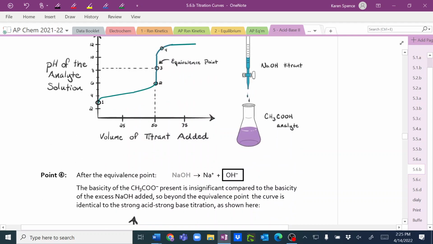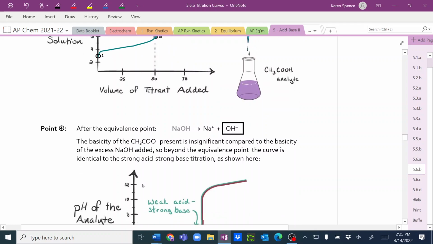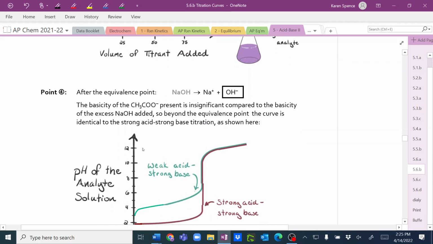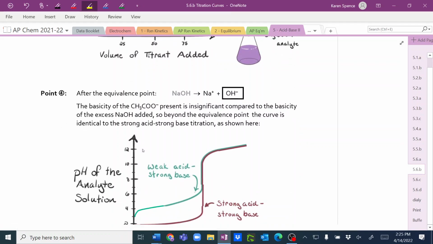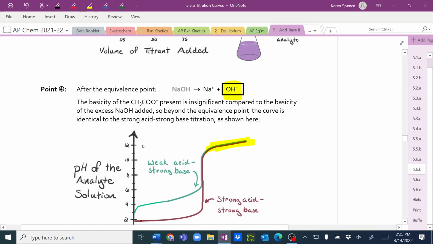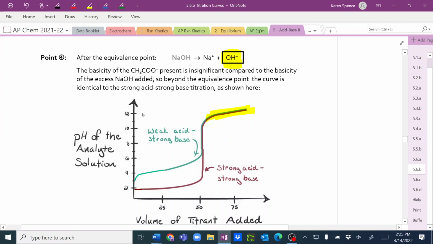So here we are after the equivalence point. What do we have? We mostly have OH minus. Here's a side-by-side comparison of our weak acid strong base and our strong acid strong base. You can see all those differences we highlighted before.